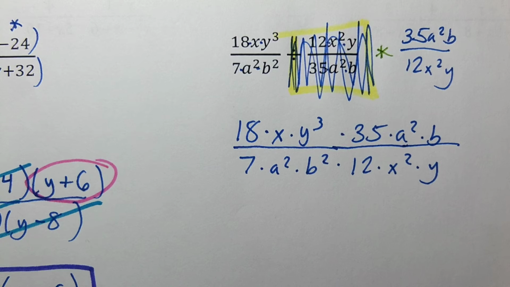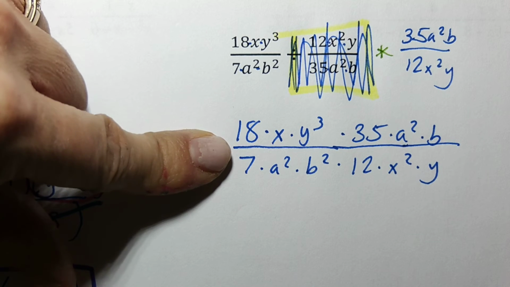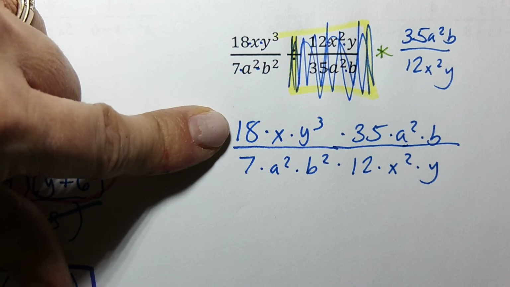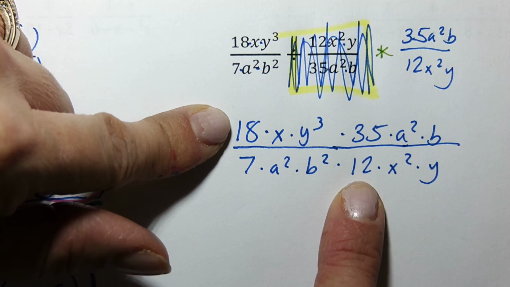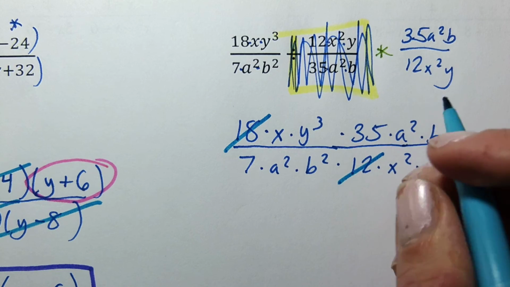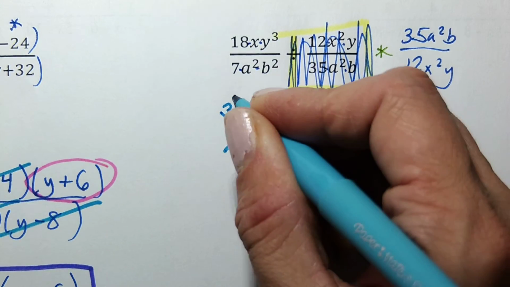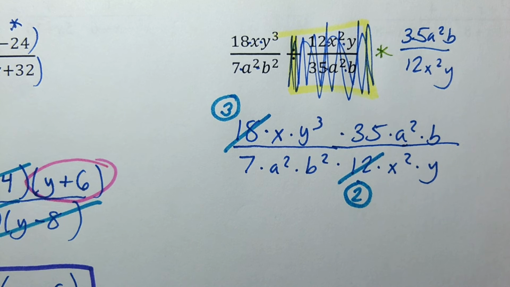I would start with your numbers first. Is there anything I can divide out of 18 and 7? Nope. What about 18 and 12? Yep, we can take a 6 out of both of those, which will leave me with a 3 on the top and a 2 on the bottom.